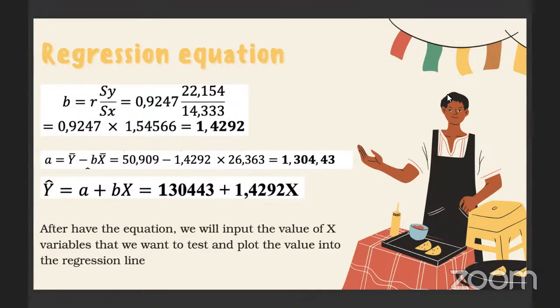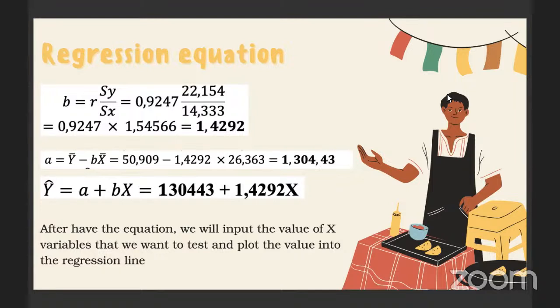Here again, we use the data: the standard deviation of y divided by the standard deviation of x, times r. So 0.9247 times 22.154 divided by 15.33, and then the value of our slope will be 1.4292.